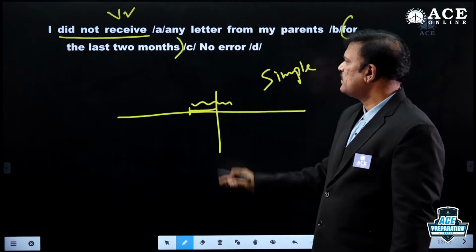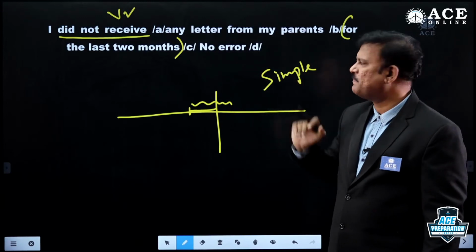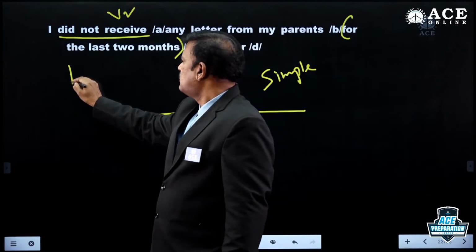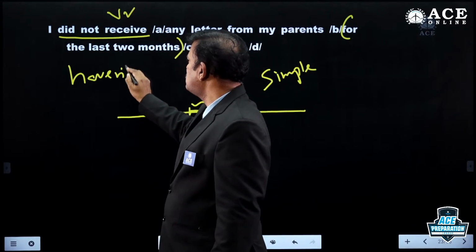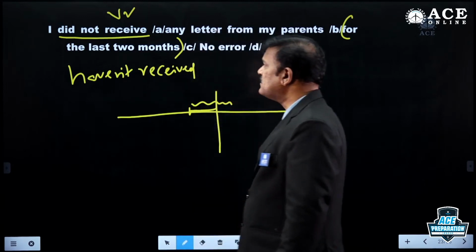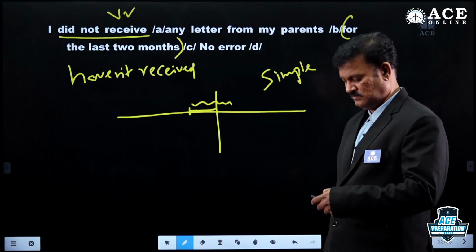Okay, guys? So anyway, you have identified the error. But if you give me a correct answer, I'd be happy. What is this? Haven't received. Present perfect. Why? I have this for the last 2 months.